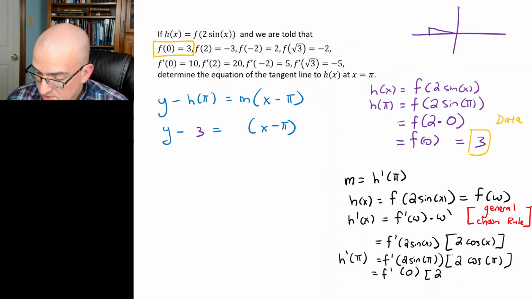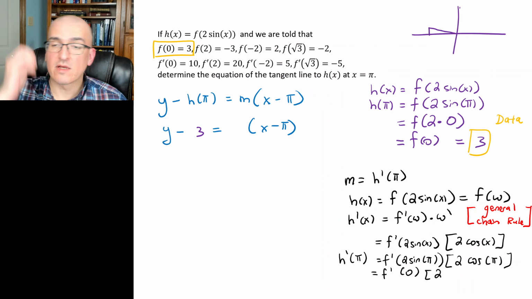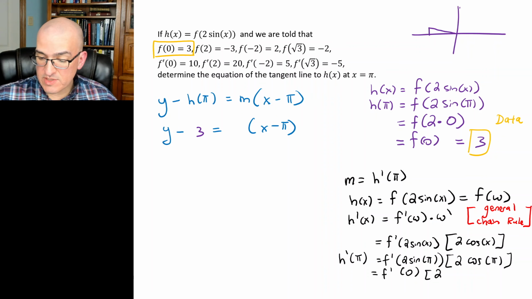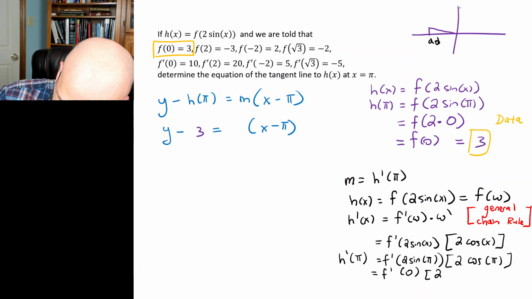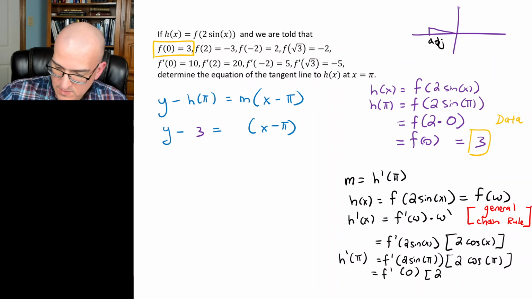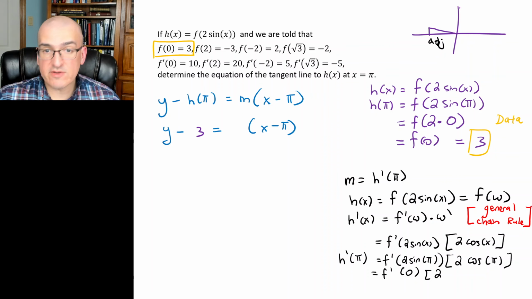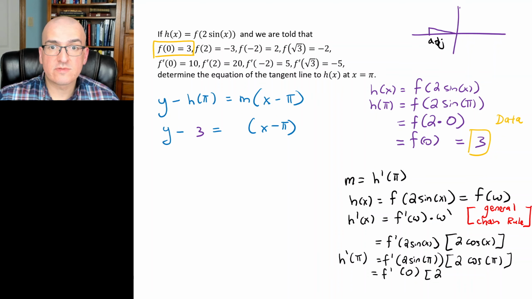And cos of pi, so going back to that picture on the top right, pi is 180 degrees. What happens to the adjacent when that angle gets scrunched down? Well, when that angle gets scrunched down to pi, the adjacent is equal to the hypotenuse.